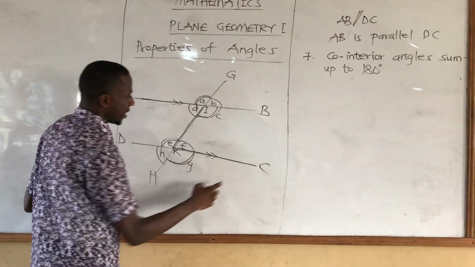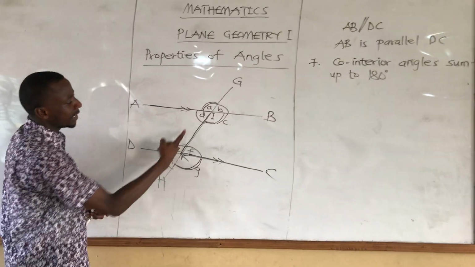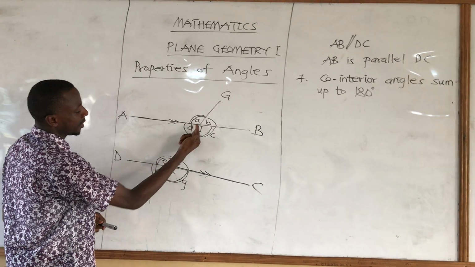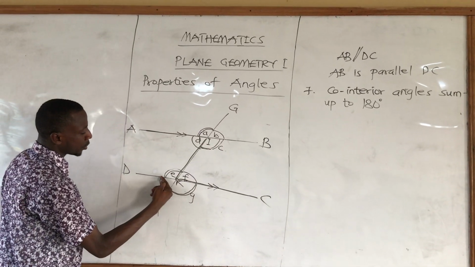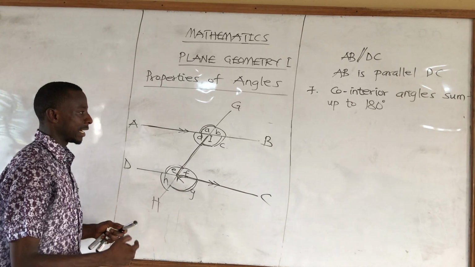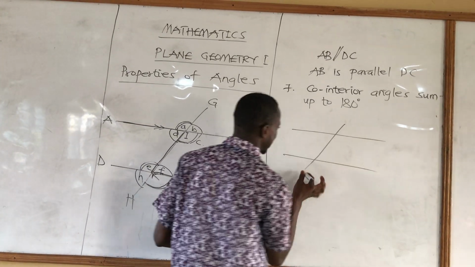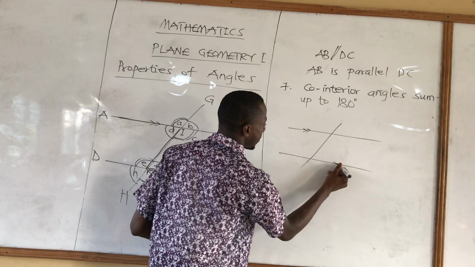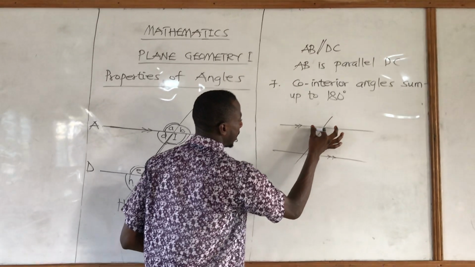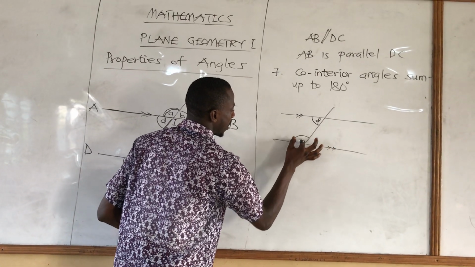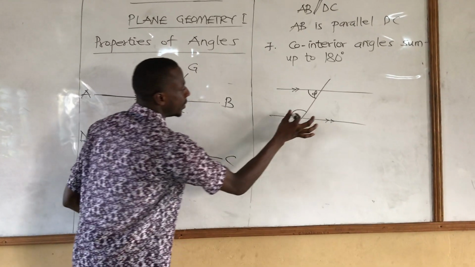Now, when you check it properly, the angle here is just below the line. The angle E is also on top of the line. So if I make a small sketch like this, these two lines are parallel. There is an angle here, that's angle D. There is another angle here, that's angle E.